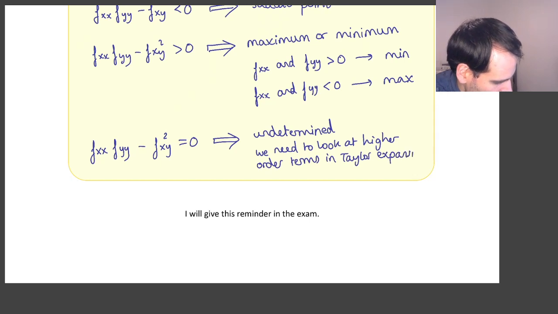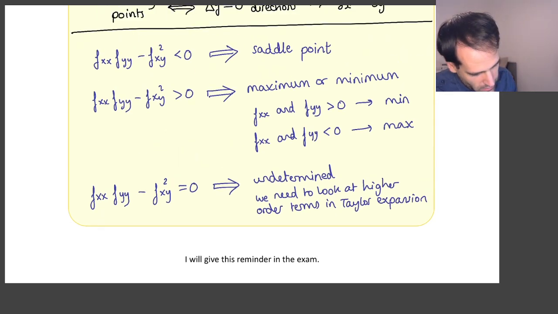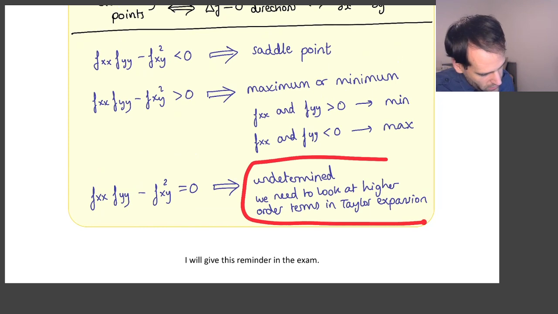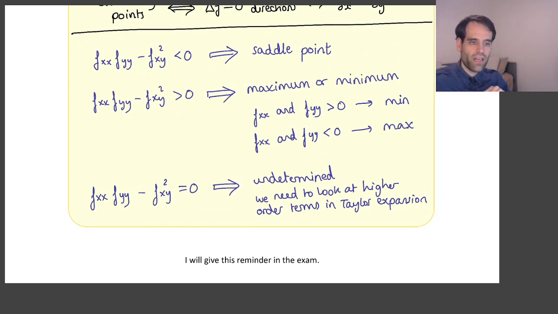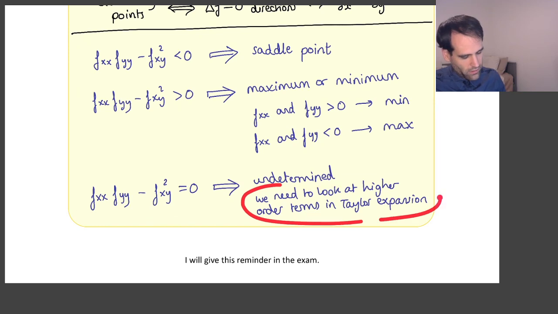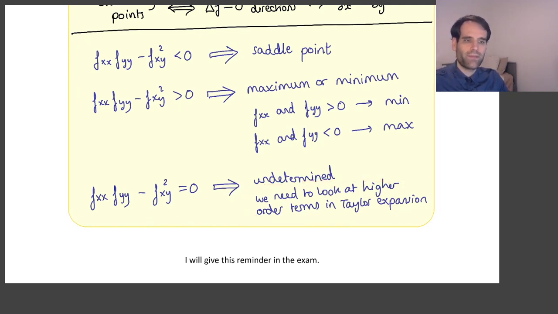Please don't worry about this third situation. I will never put this situation in an exam. And if this happens in an exam or in a problem, you get that this is equal to 0, then you just say this is undetermined. I won't ask you to look at higher order terms in the Taylor expansion, because I think that's out of the scope of this first year module.